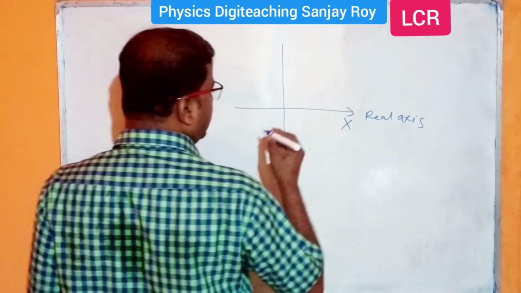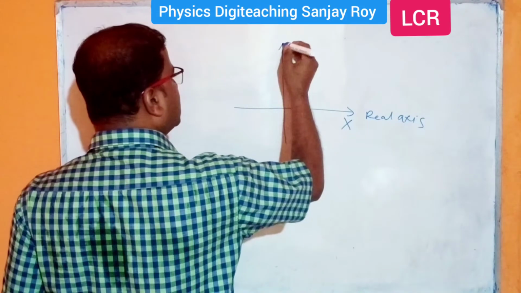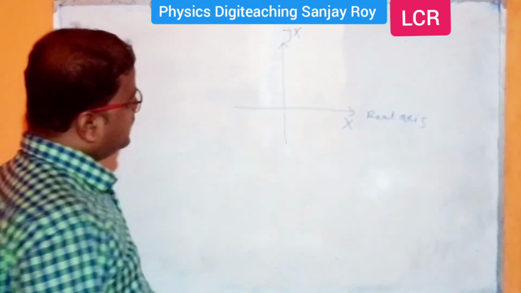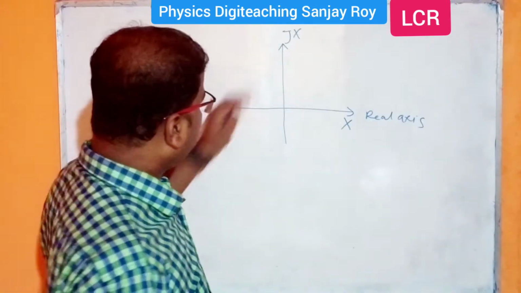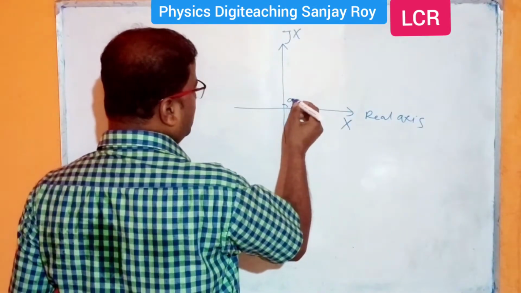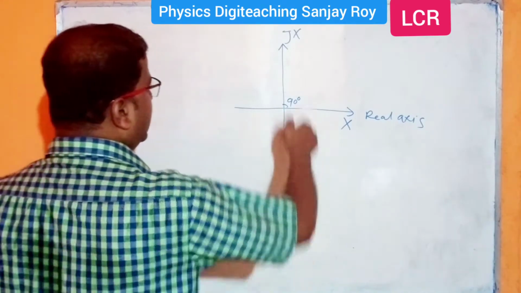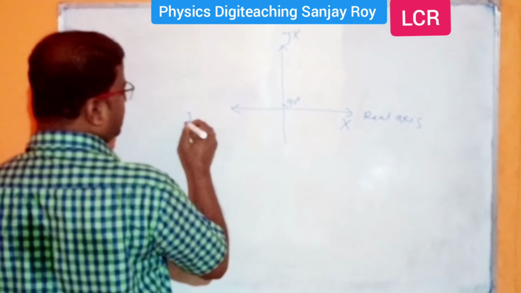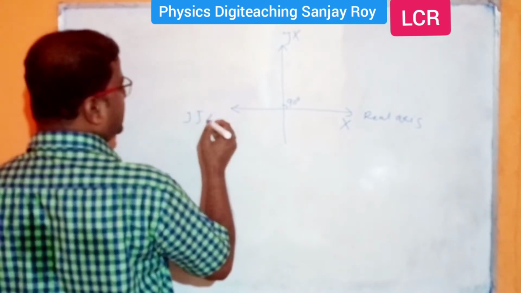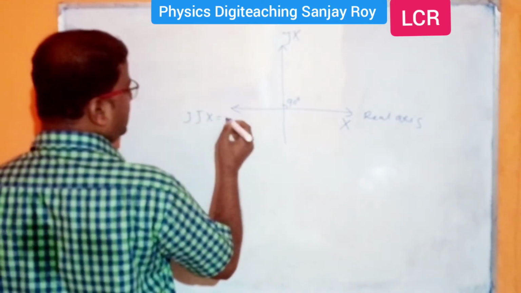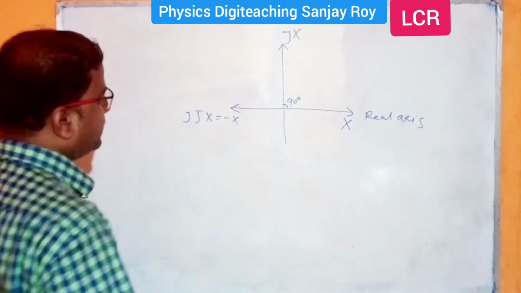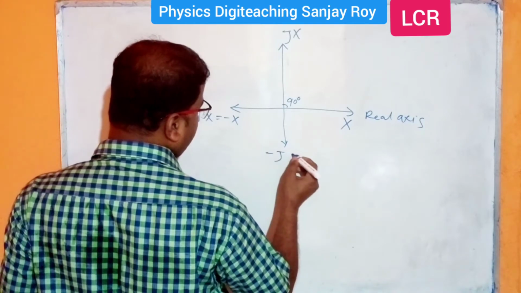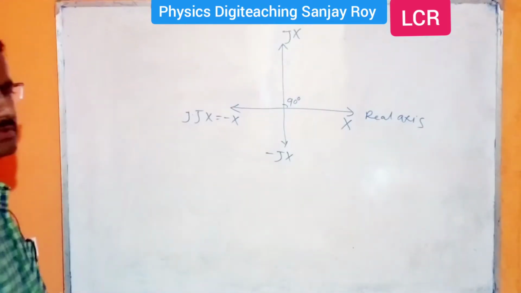If we multiply it by j, then we get jx, that is, it rotates anti-clockwise through 90 degree. Again we multiply it by j, then j into jx equal to minus x, and this gives minus jx. Okay.